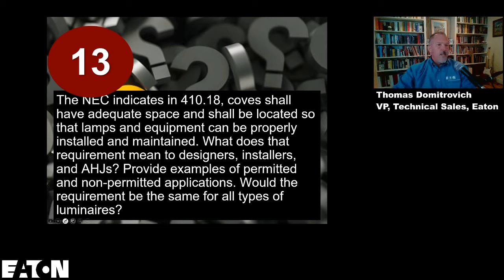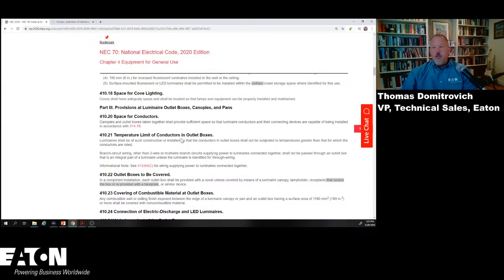So 410.18, if I look at the code book, it's one sentence: coves shall have adequate space and shall be located so that lamps and equipment can be properly installed and maintained. That seems to be very generic. What is adequate space?